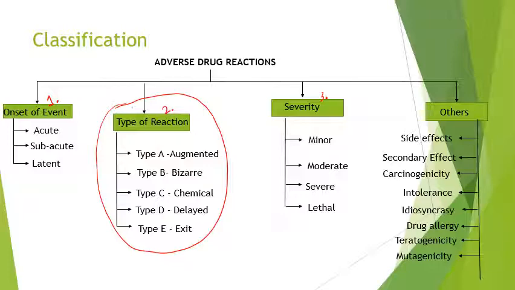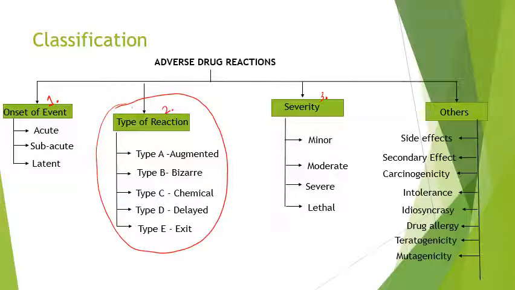If it is a moderate reaction, it requires a change in drug therapy, may require specific treatment or prolonged hospital stay by at least 1 day. If it is a severe reaction, it can be potentially life-threatening. It may cause potential damage or require intensive medical treatment. Coming to lethal, as the name suggests, it directly or indirectly contributes to the death of the patient.